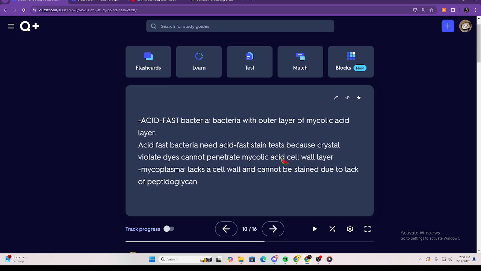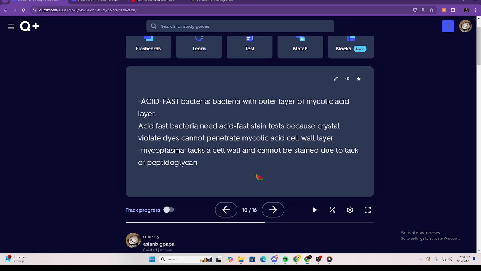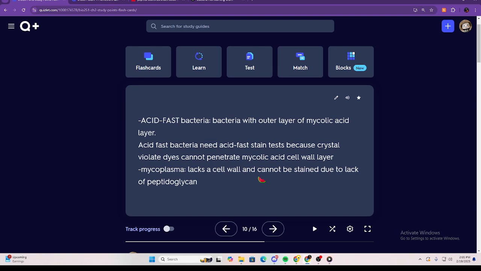So acid fast bacteria need an acid fast stain, because crystal violet cannot penetrate the mycolic acid layer. Mycoplasma also lacks a cell wall, so you cannot stain Mycoplasma with gram stain due to the lack of peptidoglycan, because the whole point of gram staining is to target that peptidoglycan layer.